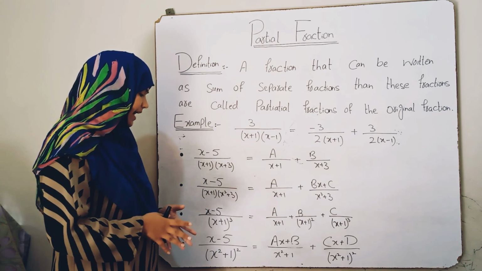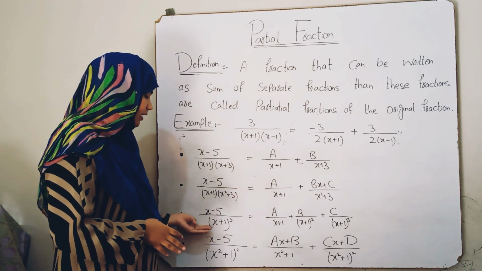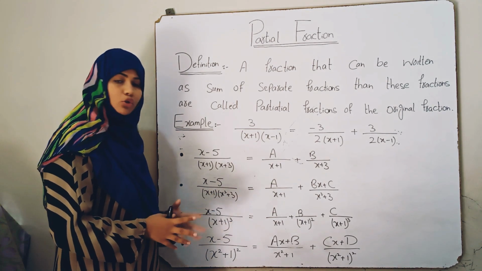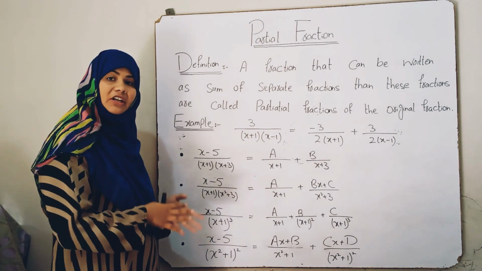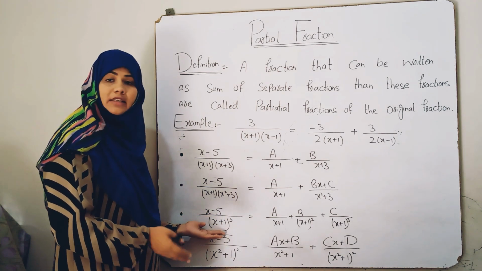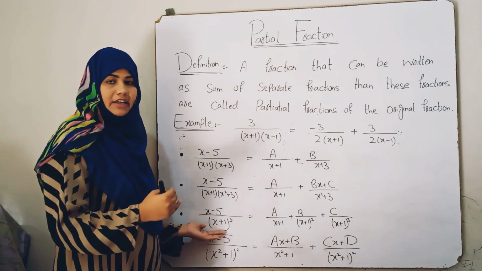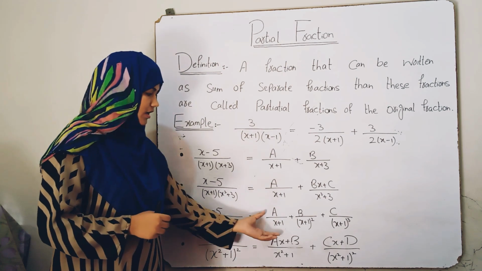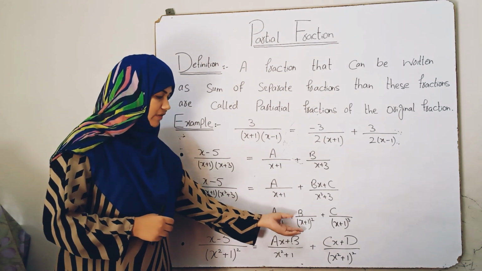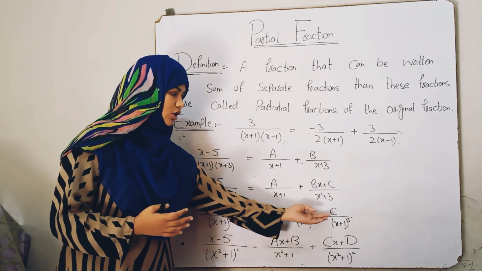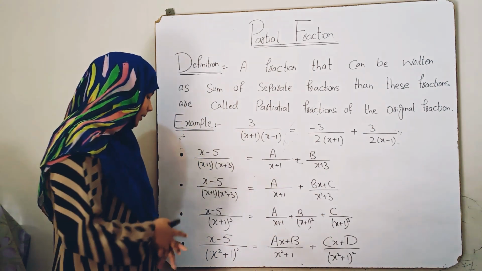Thirdly, we have a proper fraction x minus 5 over x plus 1 whole cube. Here we have repeated factors in denominator, which will give rise to 3 partial fractions a over x plus 1 plus b over x plus 1 whole square plus c over x plus 1 whole cube.